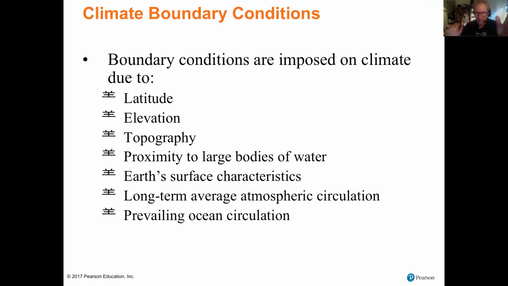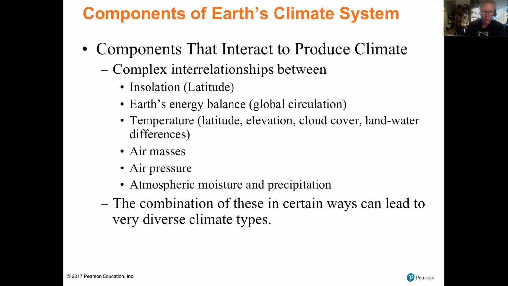The topography, whether it's flat or mountainous, for example. Proximity to large bodies of water, because remember in previous chapters, water can hold lots of heat energy, so it moderates the temperature. If you're in the middle of a continent, you have a much wider temperature range with colder colds and warmer warms. Okay? And the circulation of the winds and the water in the ocean all play a role in this as well.